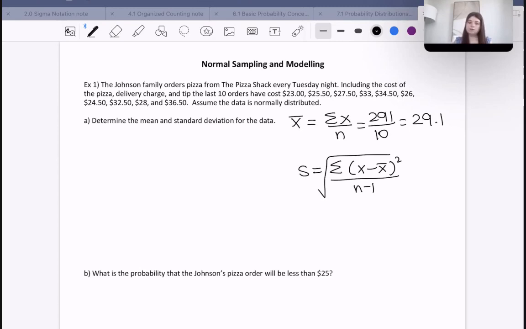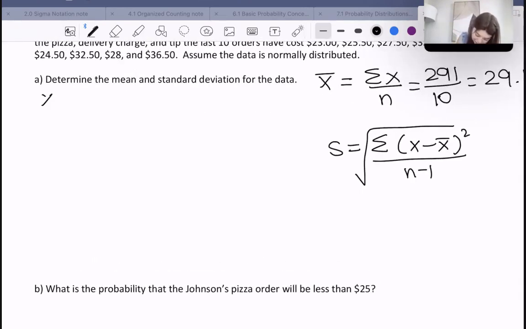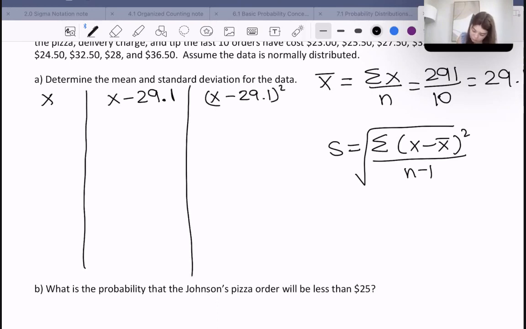Now, how do we find all of those things? Let's do that step by step. So let's put in all our x values here in one column. Then we'll do all our x minus mu values, which in this case is 29.1. And then let's do all of these values squared. That way, from each column to the next, it won't be so hard on us. All we have to do is one step at a time.